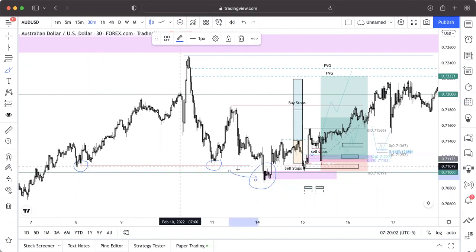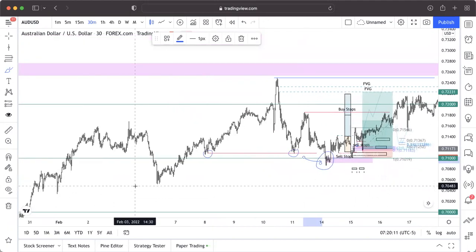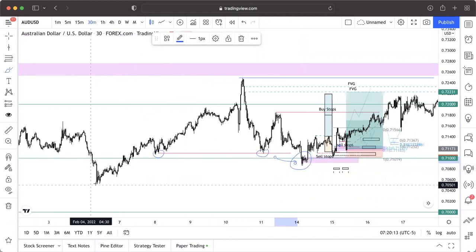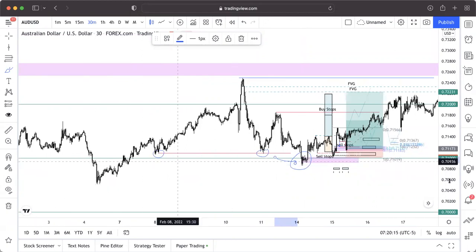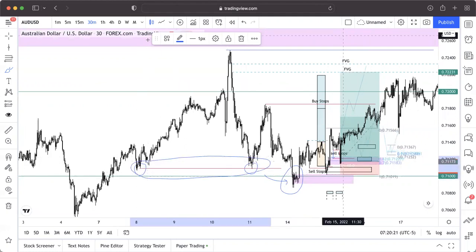So once this happened, it was pretty clear to me that, all right, we have the liquidity swept. I cannot see any more interesting levels or liquidity below. So this was something that really caught my eyes, for these equal lows to be taken out in the market.